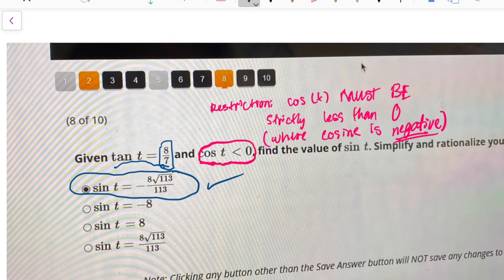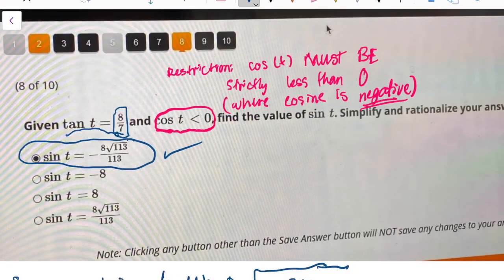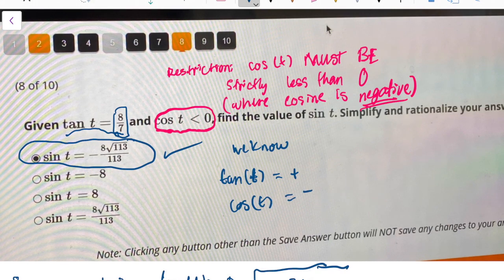The reason why we chose sine to be negative is that we know that tangent of t is positive and that cosine of t is negative.